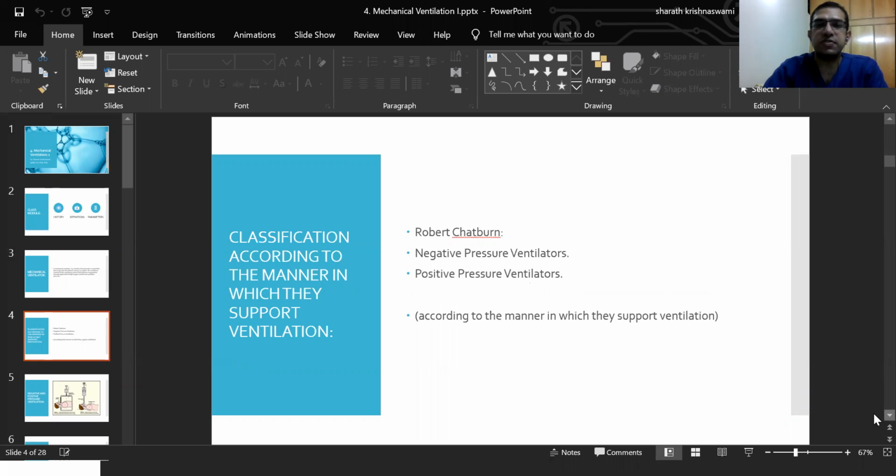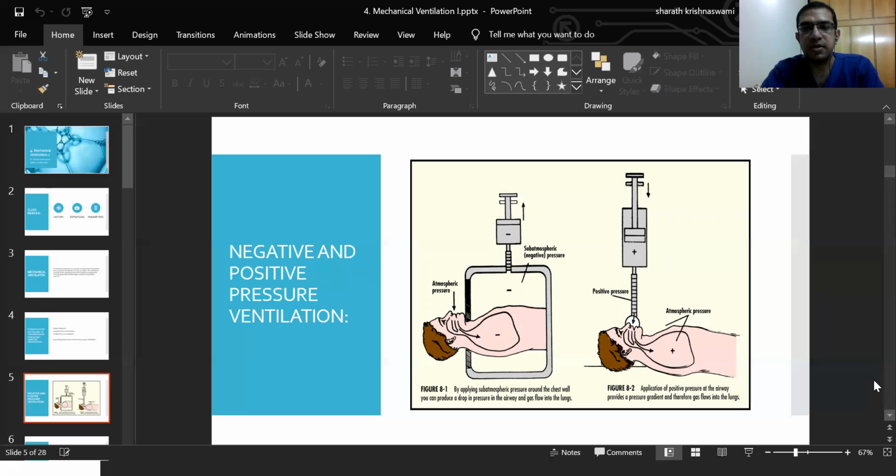Ventilators are classified in different manners. Robert Chatburn initially classified ventilators into negative pressure ventilators and positive pressure ventilators. This is in the manner by which they support ventilation. Negative pressure ventilation is a manner by which the thorax of the patient is kept in a box, and negative pressure is applied over the chest and around the thorax.